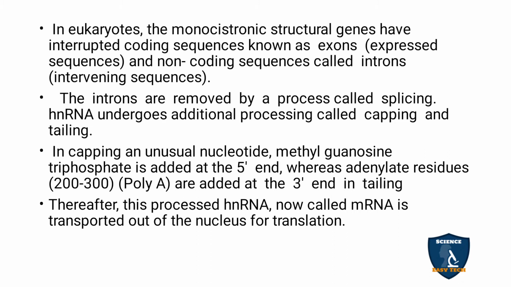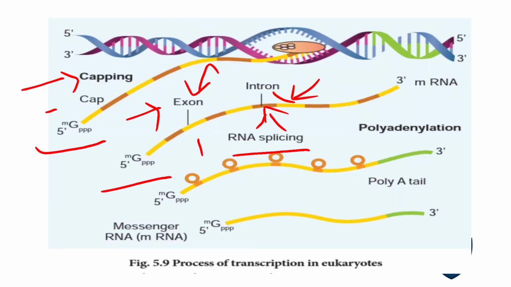And an adenylate residue of 200 to 300 poly A is added at the 3' end. Here you can see the 3' end, that is polyadenylation. So in the 5' end, GTP is added, that is capping.